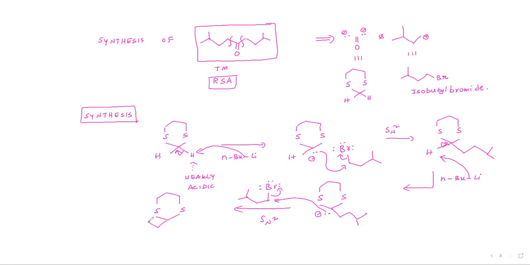CH2, CH2, isobutyl. Now finally, these are the two carbon-carbon bonds that are formed. So this is the first CC bond formed, and this is the second CC bond formed.